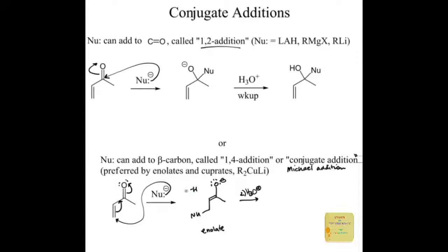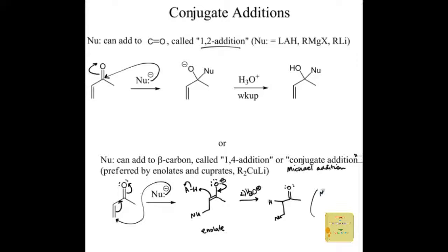Instead, we're going to react just like any enolate does. This lone pair is going to reform the carbonyl, and it's the alpha carbon that's going to get protonated. So there's our product. That's what the product looks like for a 1,4 addition.